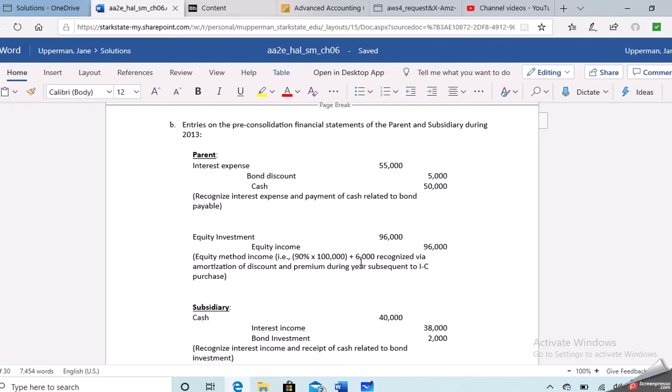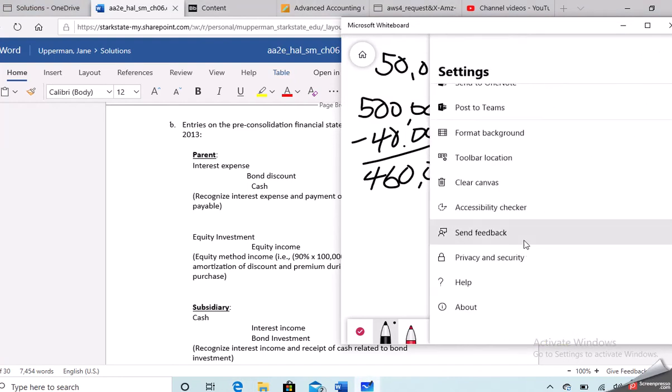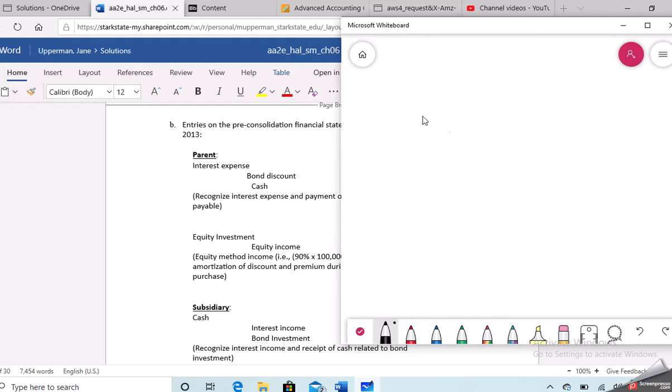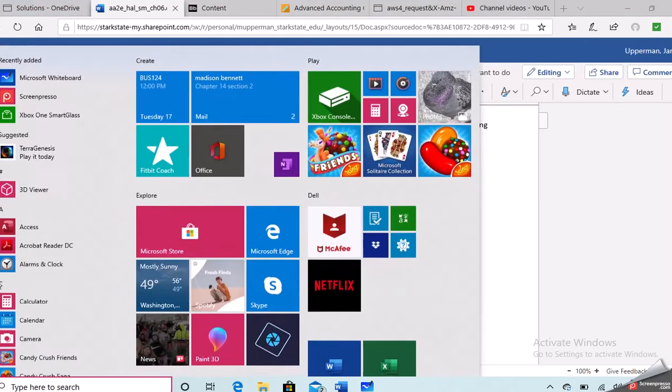Or, as we look up, it's going to be the difference between the interest income and the interest expense. Now, the key to this interest income and interest expense is that we only need to take 80%. So let me come back over and see if I can work that out. If we take our $55,000 of interest expense and multiply that times 80%, let me come over to my calculator real quick.